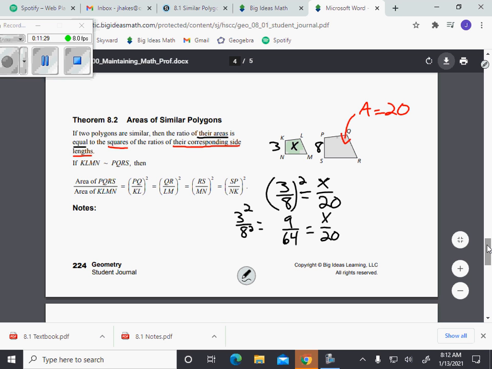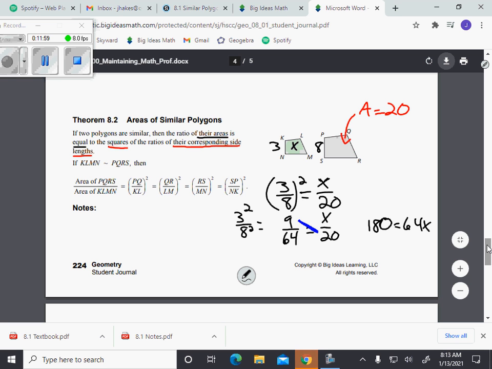Okay, so now we have bigger numbers. I'm going to grab my calculator. 9 times 20, that's 180. So I cross multiply. 9 times 20 is 180 equals 64x. 180 equals 64x, and I'm going to divide 180 by 64.